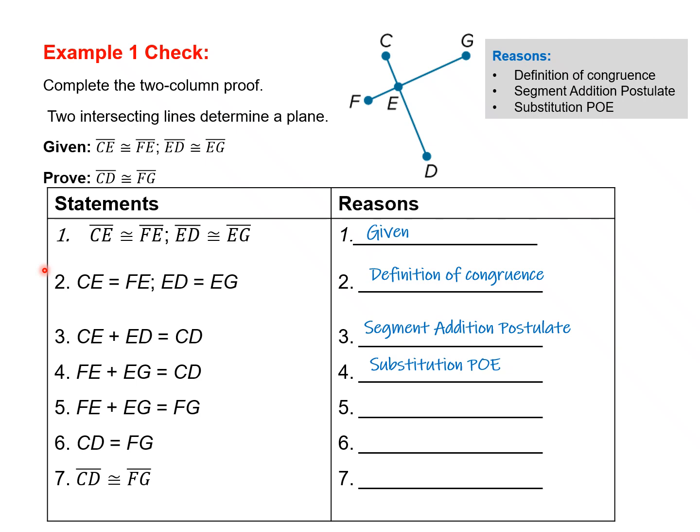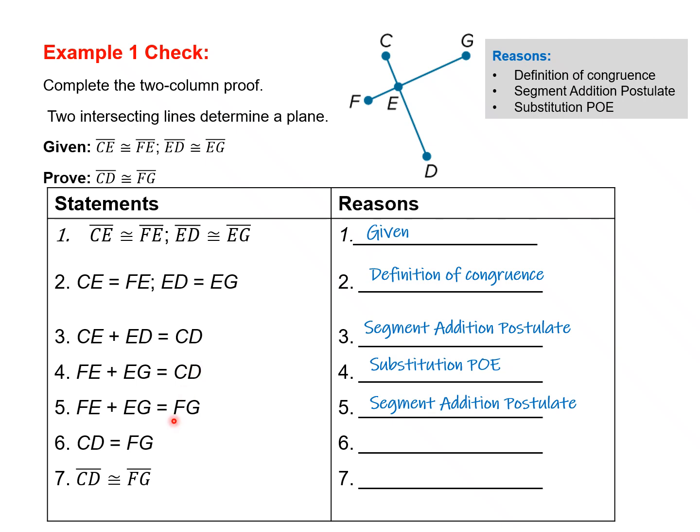Next, we have FE plus EG equals FG. Well, that's the two parts equal to the whole. So that means segment addition postulate. Next, we see CD equals FG. I see FE plus EG equals CD and FE plus EG equals FG.